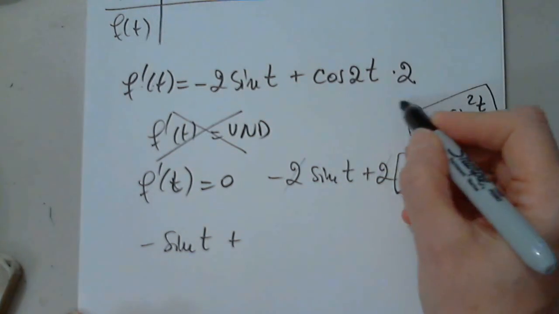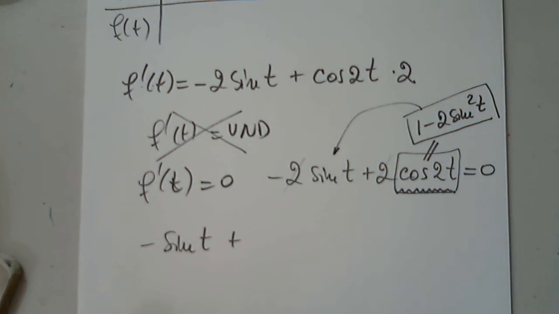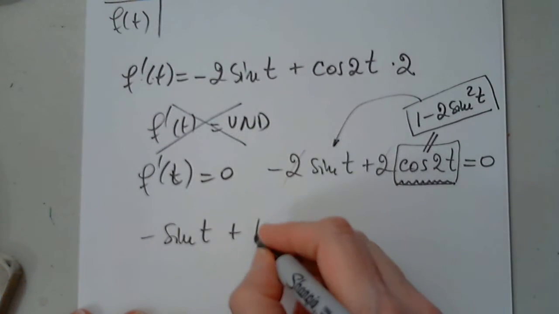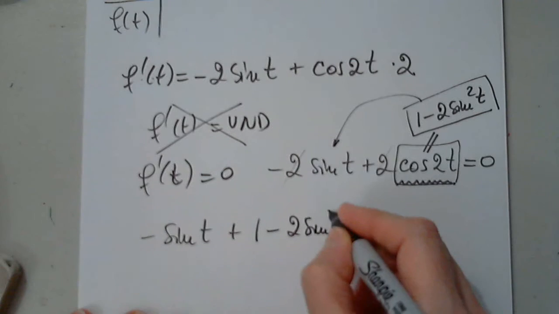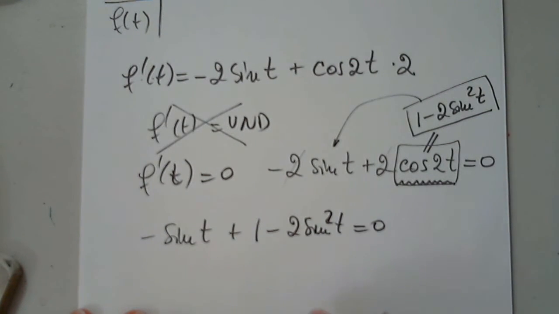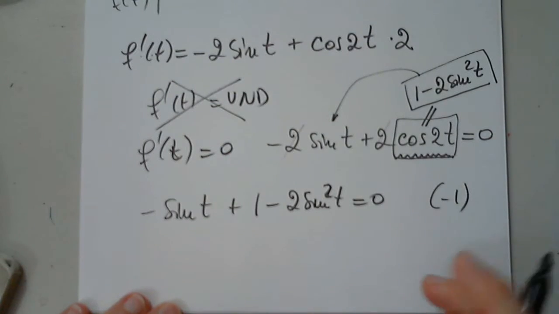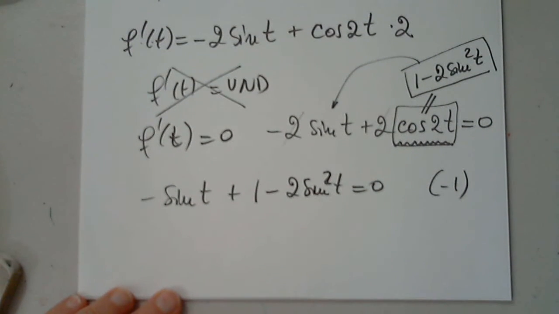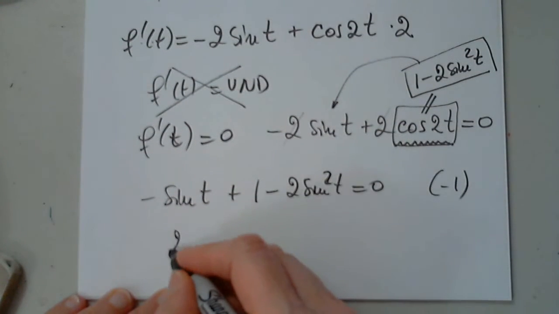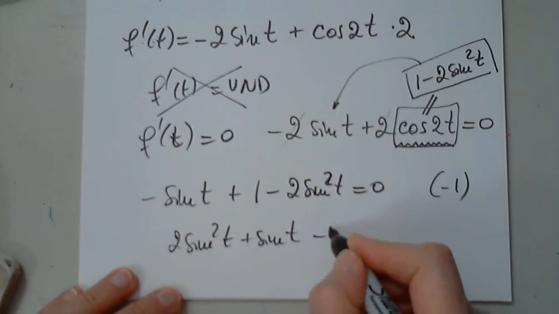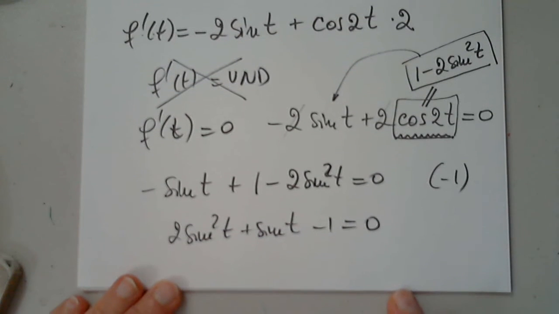Why did I choose that? Because I only see sine in this equation. So negative sine t plus 1 minus 2 sine squared t equals 0. Too many negatives, I don't like that, and it's not arranged in the correct order. So now I will have 2 sine squared t plus sine t minus 1 equals 0.